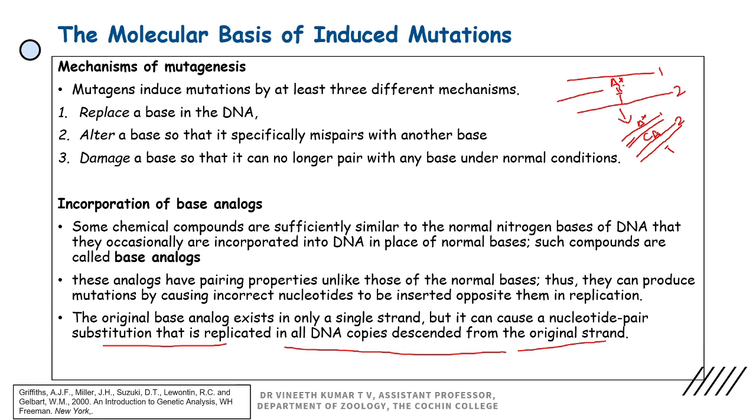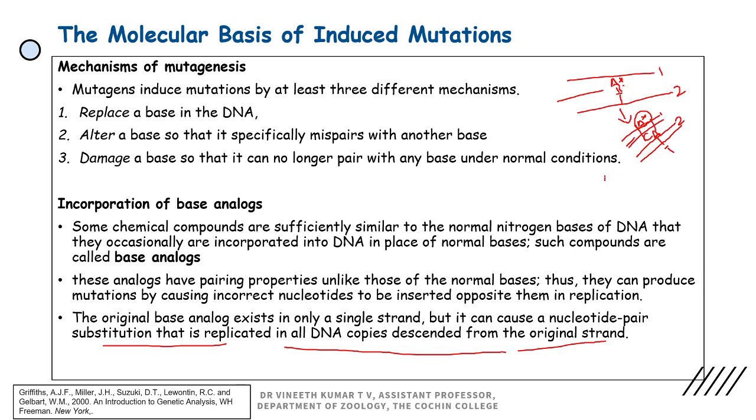So strand 2 does not have any problem. It incorporates adenine into the complementary strand, which you can see here. But this particular first strand, this particular base analog which was incorporated earlier, which is A star, an analog of adenine, instead of pairing with thymine, pairs with cytosine. So now in this strand, from here, the base pairing in this position is going to change.